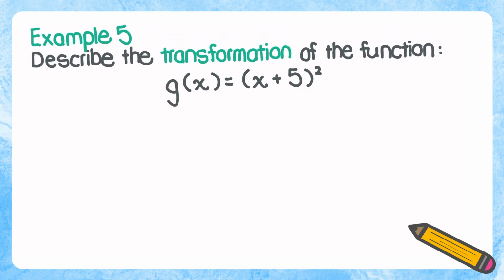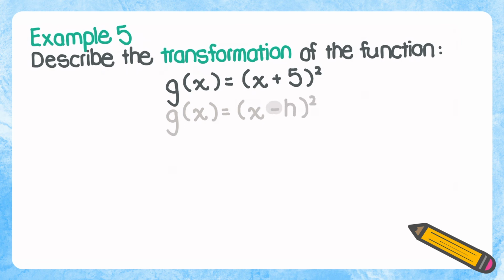Describe the transformation of g of x equals x plus 5 quantity squared. What is our h value here? I write the general form g of x equals x minus h quantity squared.